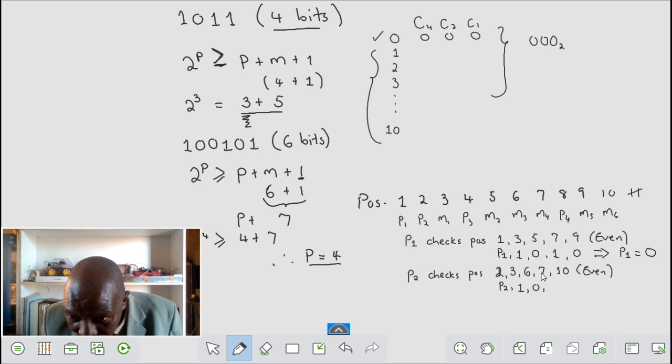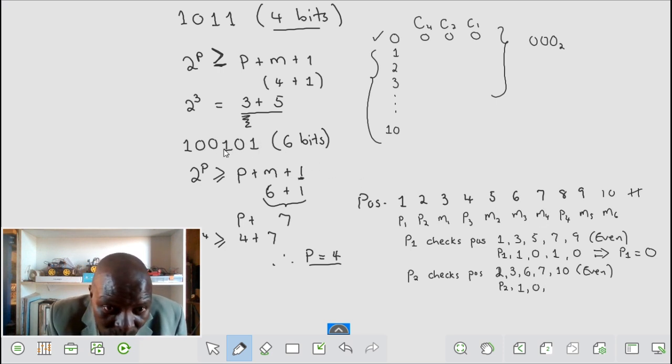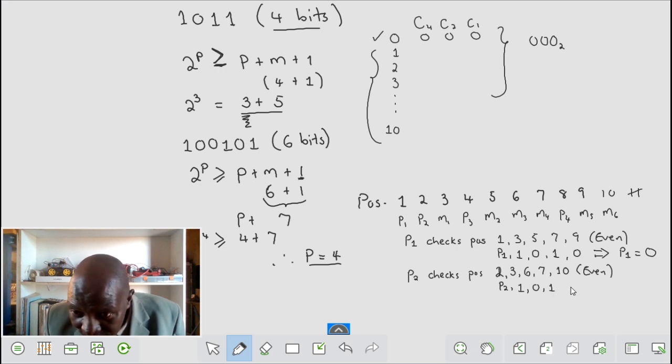Then position 7 is M4, 1. And then position 10 is M6, which is a 1. For this to stay even, that would imply P2 has to be a 1, because there's three 1s already. Let's make them four with P2.